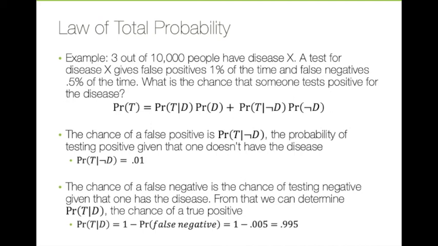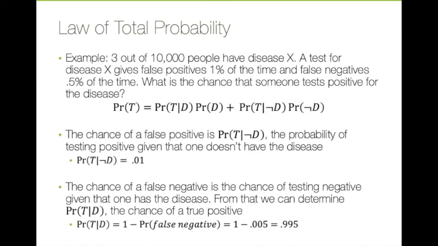That's what a false positive is. And the problem tells us the chance of a false positive is 0.01. So the probability of T given not D is 0.01. The other conditional probability we need is T given D.